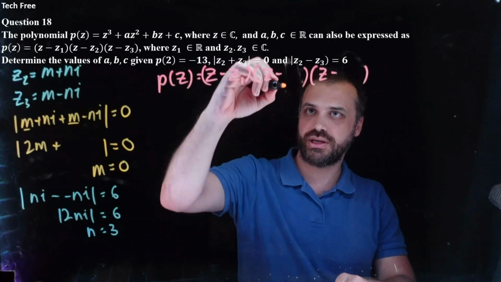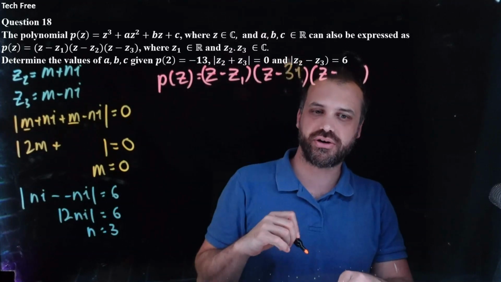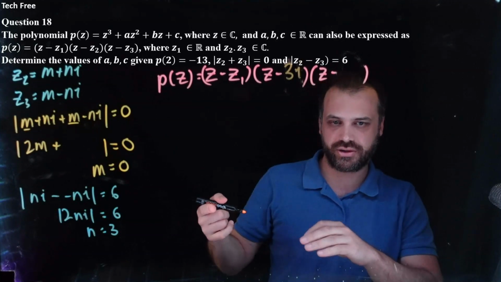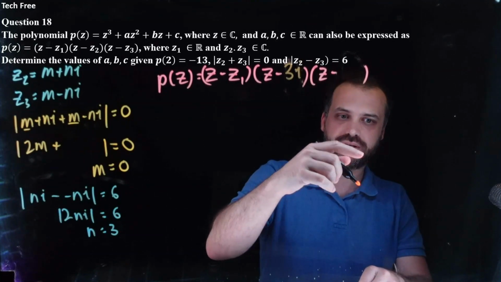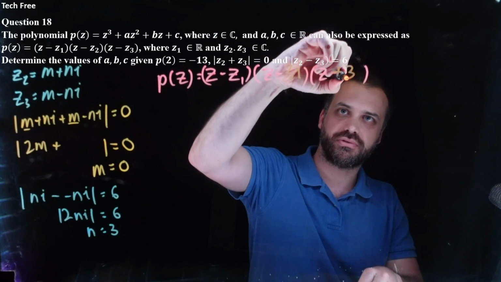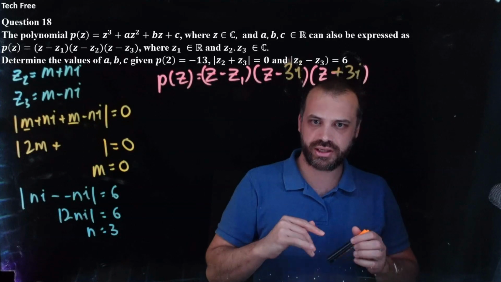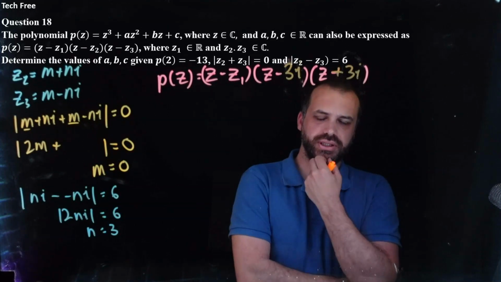Now Z2 here is just plain old 3i, and Z3 here is negative 3i, so Z minus minus 3i, so positive 3i. Okay, beautiful, pretty. What else do we know?